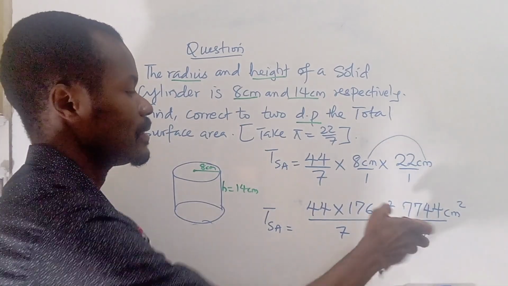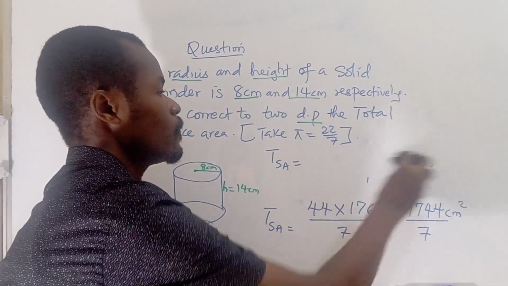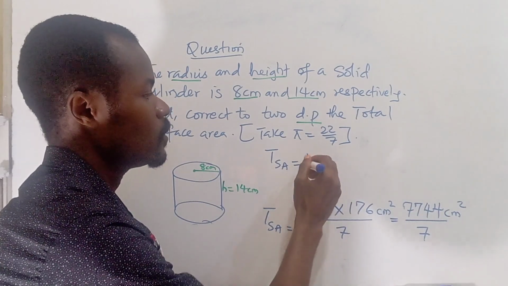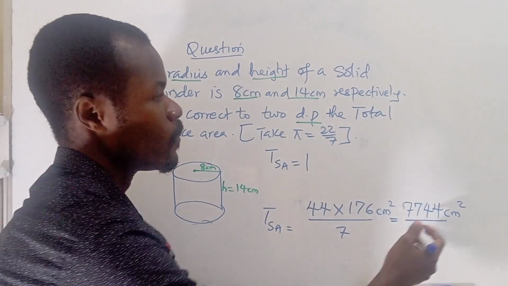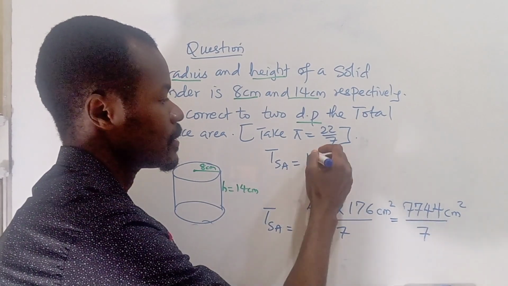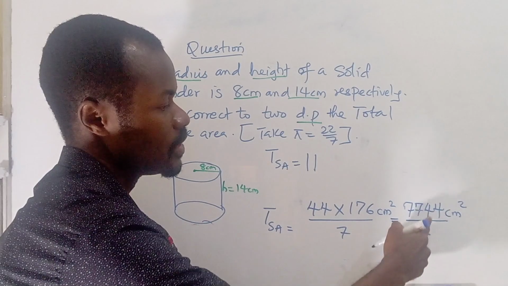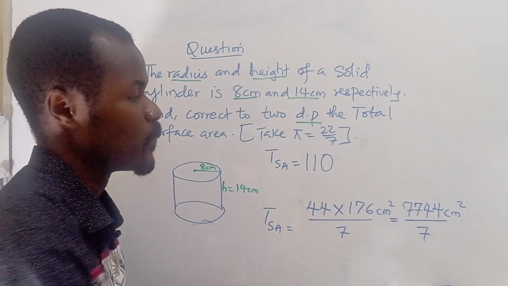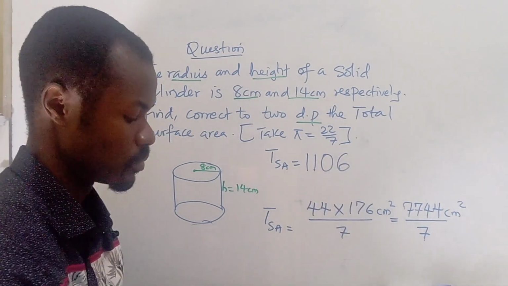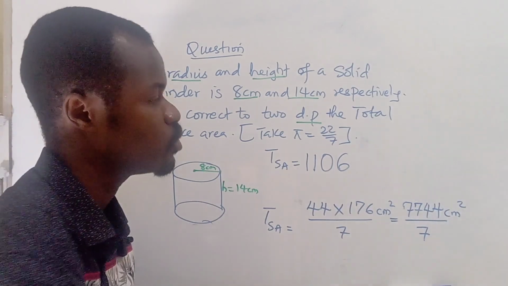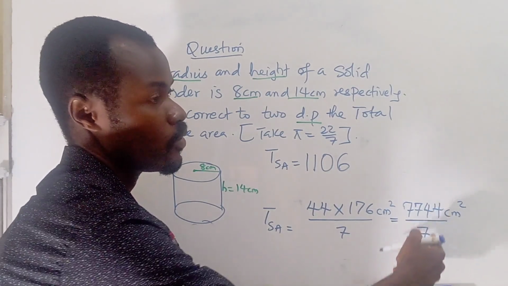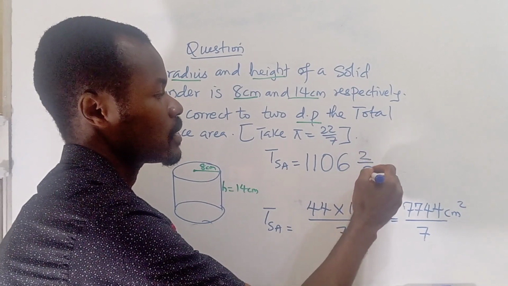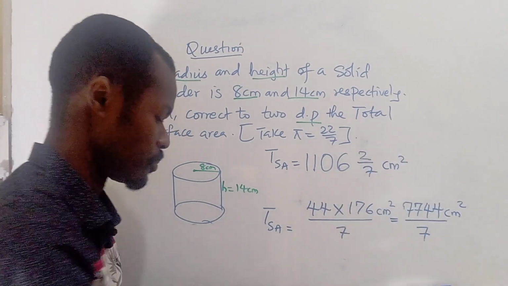Now if we divide that, 7 into 7 is 1, then 7 into another 7 is still 1, then 7 into 4 cannot, so we have 0. Now 7 into 44 is going to give us 6, which is 42. If we subtract 42 from 44, we are left with 2 over 7 centimeters square.